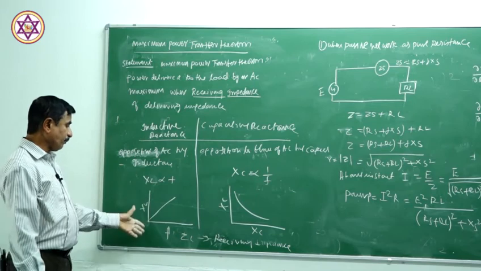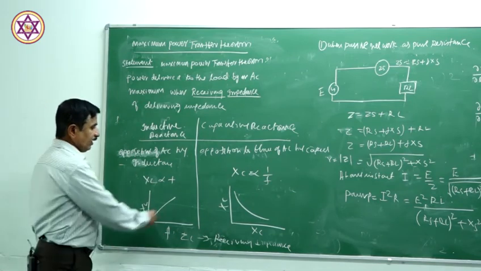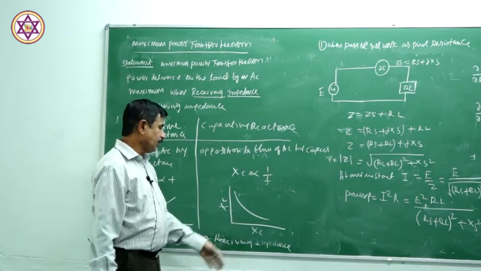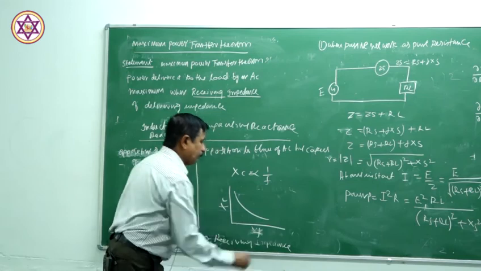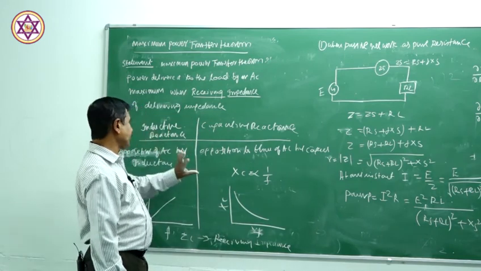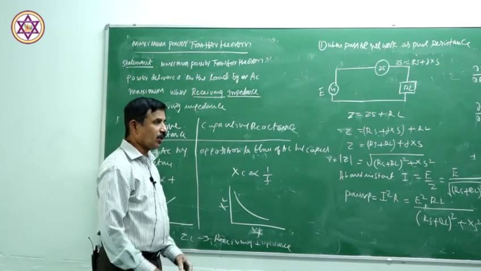If I plot a graph of XL versus frequency, I will get a linear graph like that. If I plot XC versus frequency, I am going to get a graph like this. This is the difference between the inductive reactance and capacitive reactance.